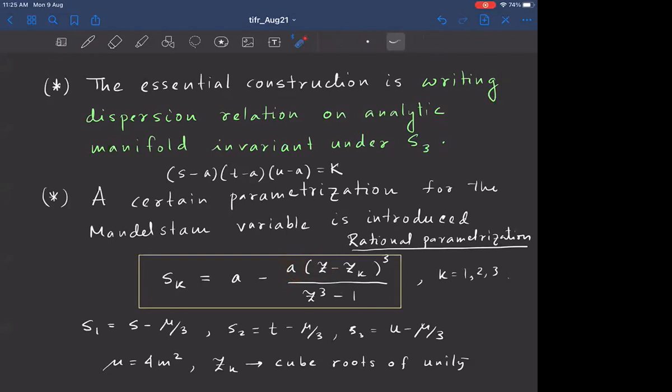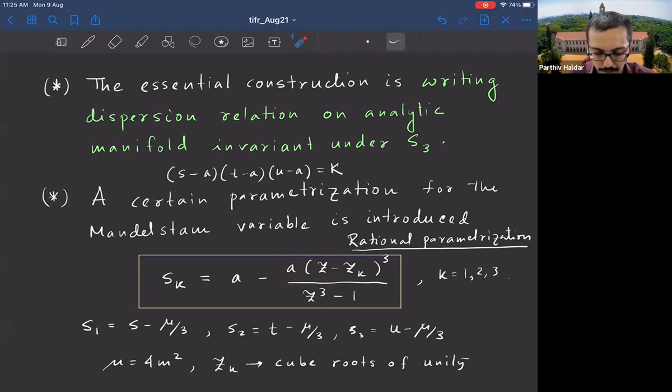I see, but A was already there. Right. So it's almost like, suppose you are foliating your R3 in terms of spherical surfaces. Now, each leaf will be characterized by a radius of the sphere, and then on each sphere you can consider two variables. I see. So here it's almost like that. Okay, got it. Thank you.